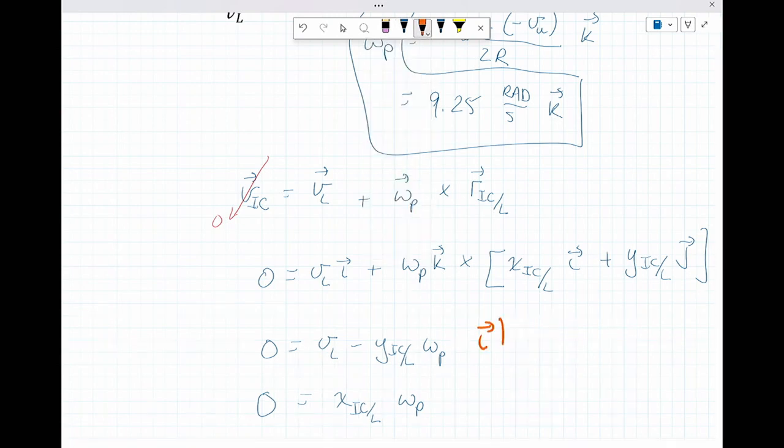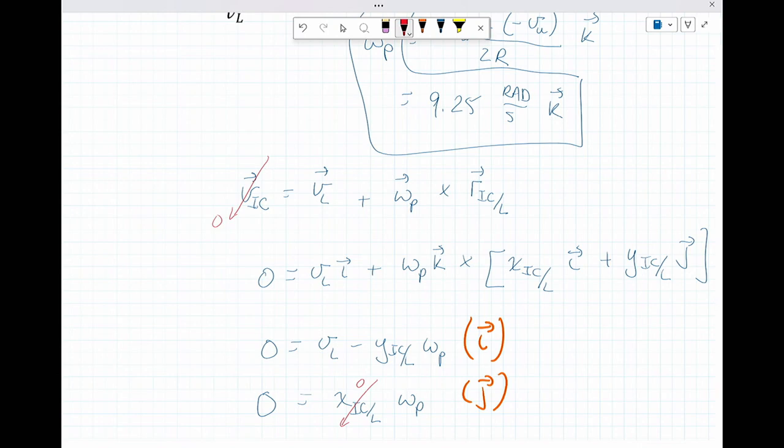That's my I equation. That's my j equation. So I know from that omega p, which I've just calculated, is not 0, so that has to be 0. And it's symmetric. I kind of knew the answer to that one right from the beginning.